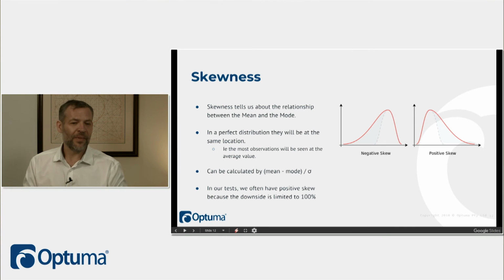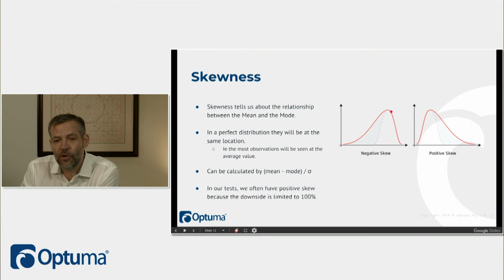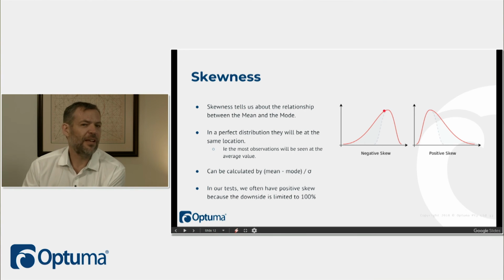Skewness tells us about the relationship between the mean and the mode. When we get a situation like this, it's called negative skew, because our mean is probably here, the average result, but the most common result was back here. We take the mean value and subtract the mode value, and because the mode is bigger, that gives us a negative number, so it's a negative skew. Here's the other case, where our average may be here and the mode is back here. Mode is always the peak.